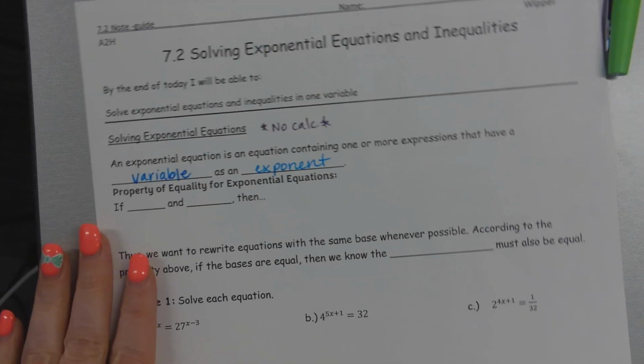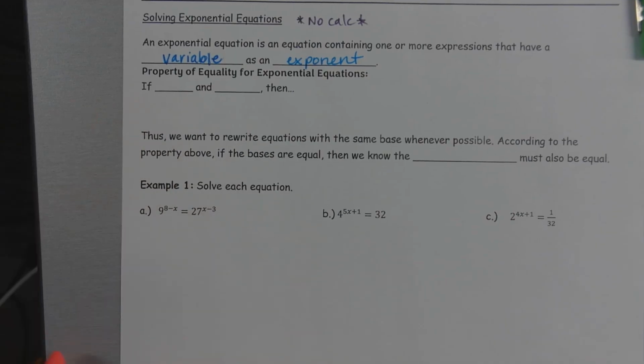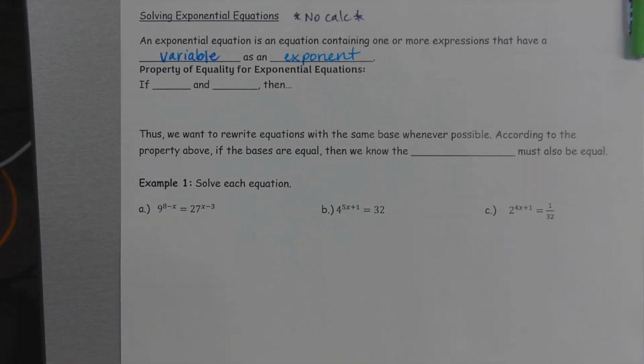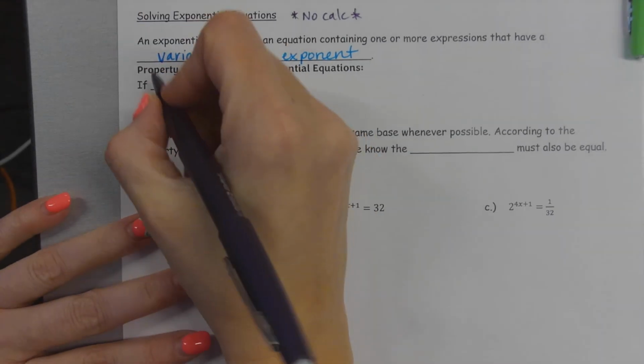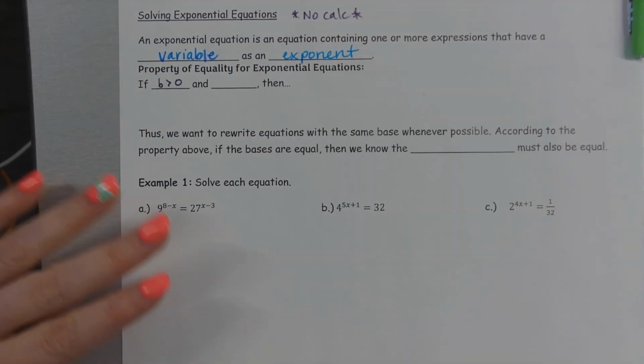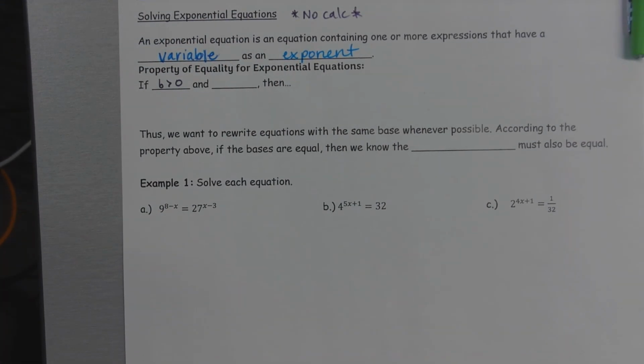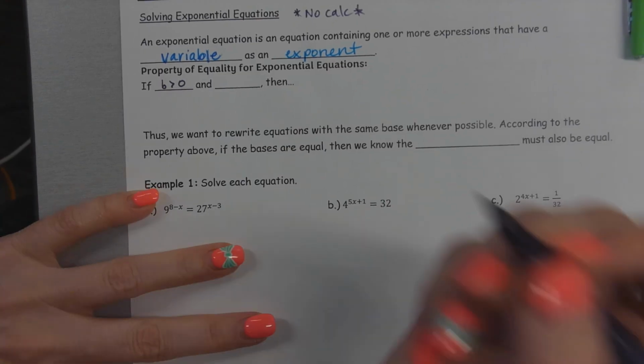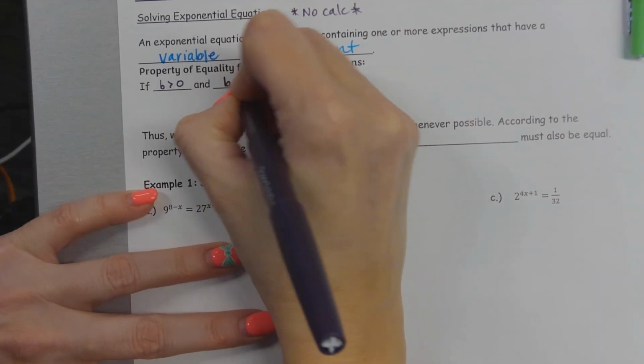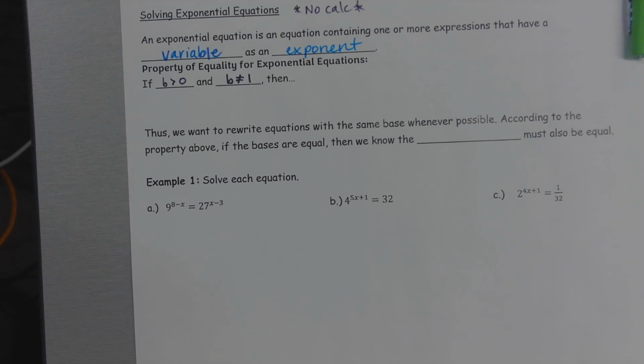And if that happens, then we can use this property, but we can only use it if the base is greater than 0, and the base cannot equal 1. Remember the other day we talked about if the base was 1, no matter what you did, you would get 1. So that's why that's going to be an exception.